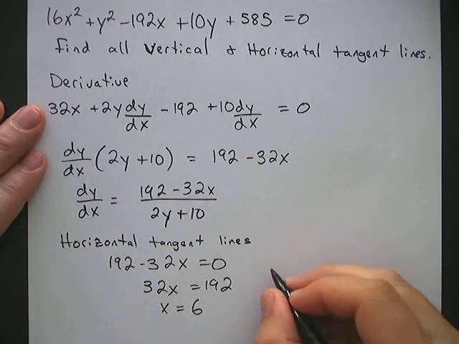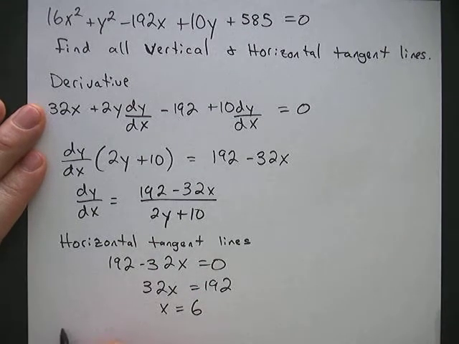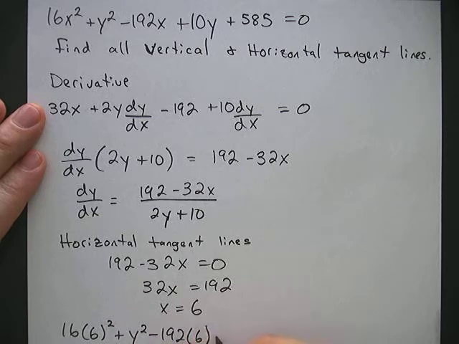So we have 16 times 6 squared plus y squared minus 192 times 6 plus 10y plus 585 equals 0.